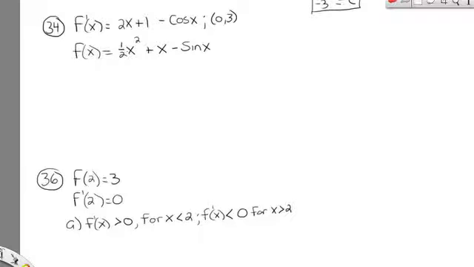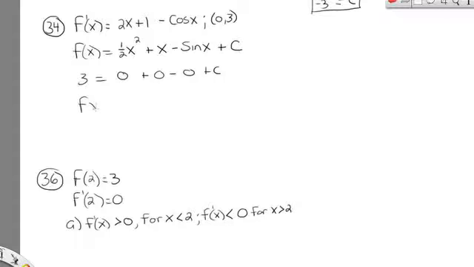2 comes down, cancels out. The derivative of x is 1. The derivative of sine is cosine, so we get minus cosine, plus c. And now once again we have an x and a y value. So I have 3 equals, plug in 0 for sine. Sine of 0 is 0, so I simply get c equals 3.